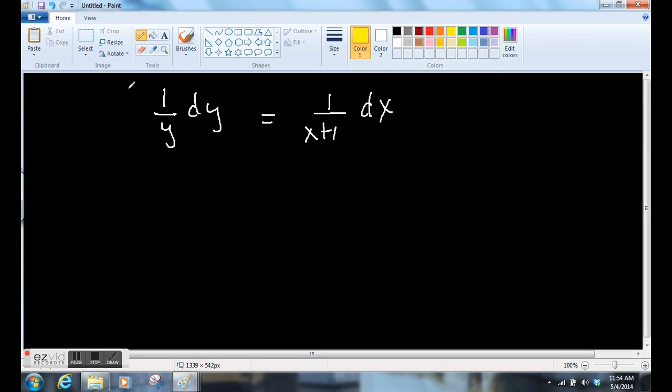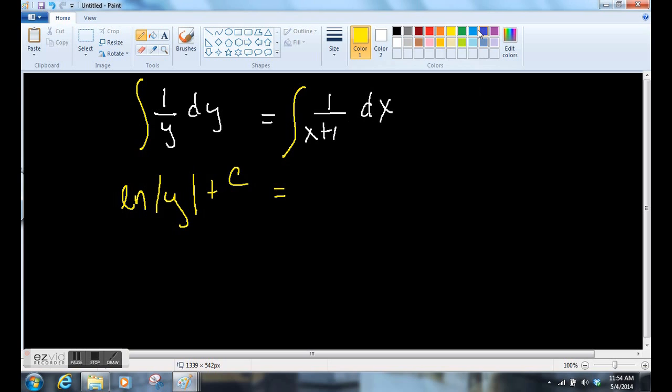To solve this, again, we take the integral. Integral, looks like a swoopy S. So the integral of 1 over y dy, flashback, is natural log of y plus a constant. This comes from section 12.3, I think, with the integrals of logs and exponents.